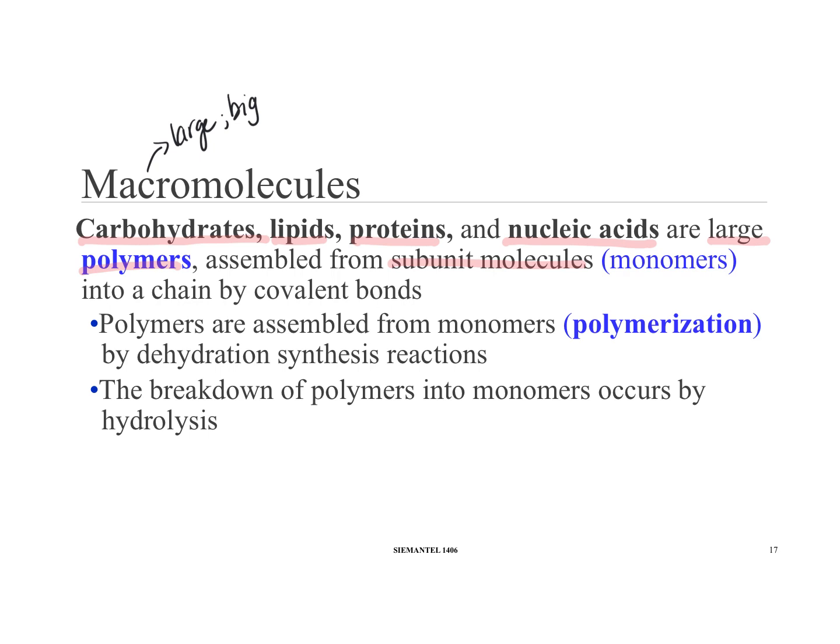So we call the small subunits monomers, and we call what they build a polymer. Now those polymers are going to be held together in a chain by covalent bonds, which is why we started off this unit by talking about chemistry. So remember, those covalent bonds are those strong bonds that share electrons between two atoms.